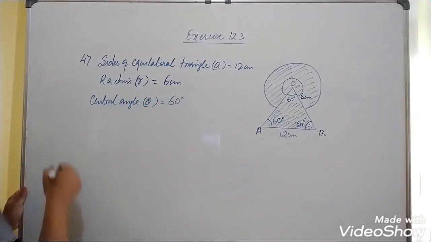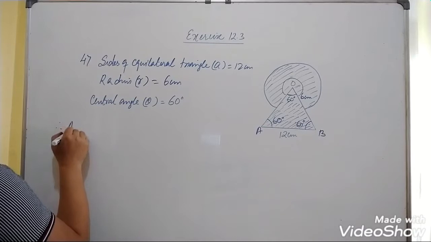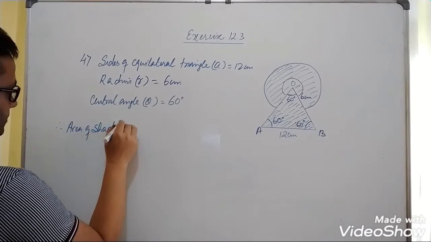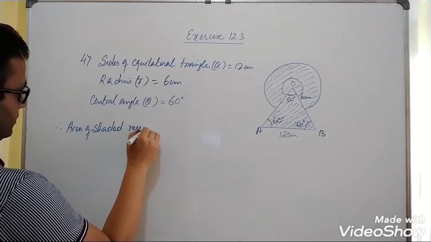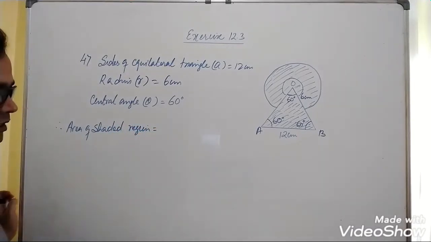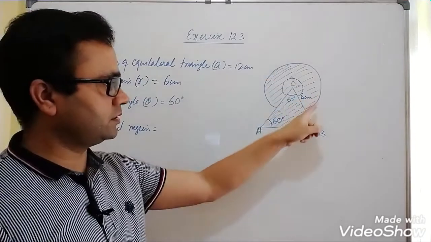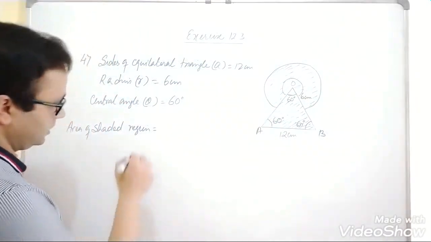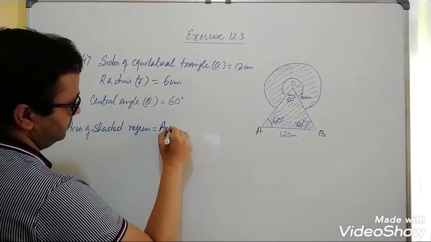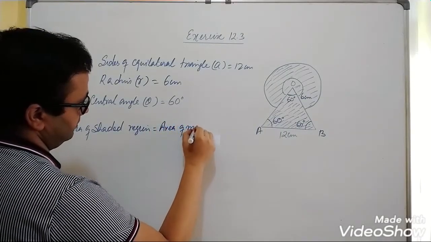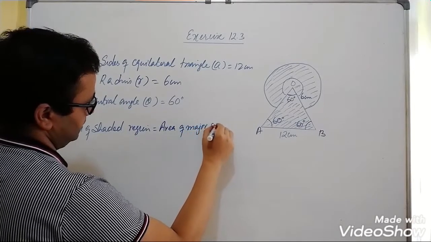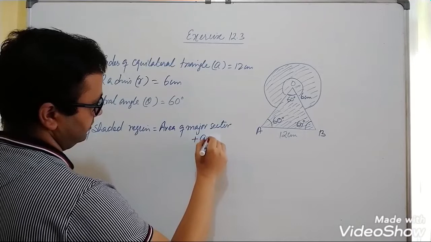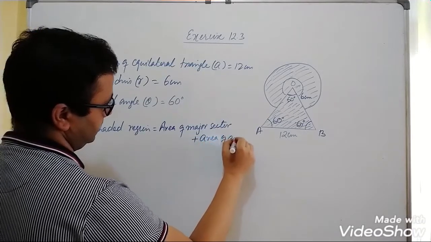Now calculate the area of the shaded region. Therefore, area of shaded region equals area of major sector plus area of the equilateral triangle. This sector is the major sector; this major arc forms the major sector.